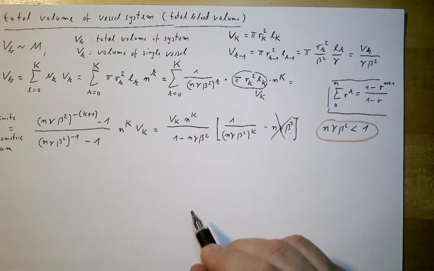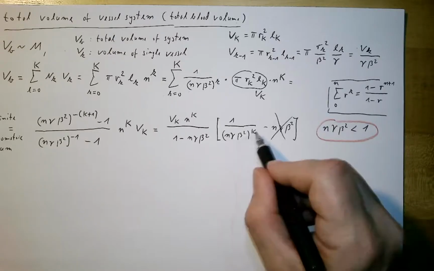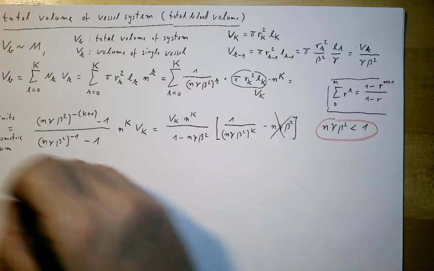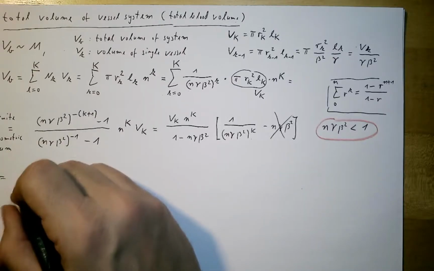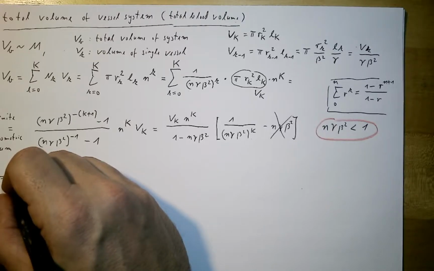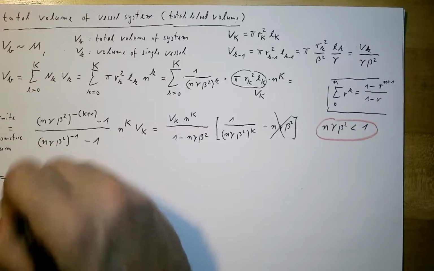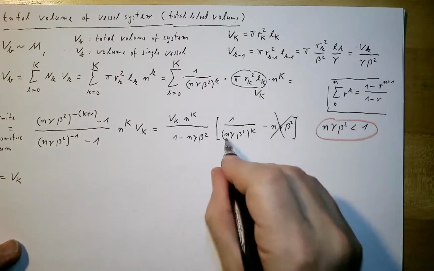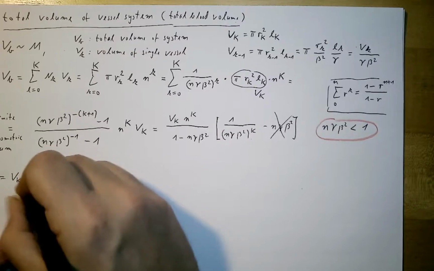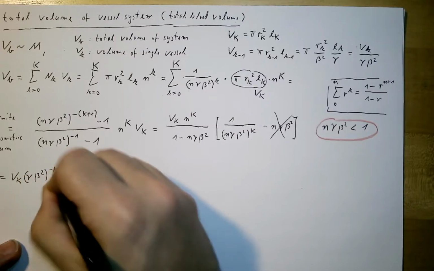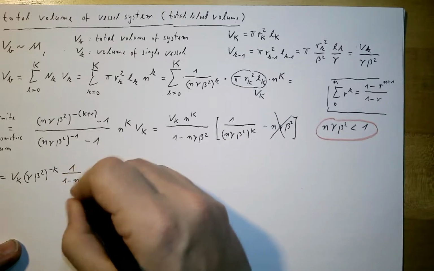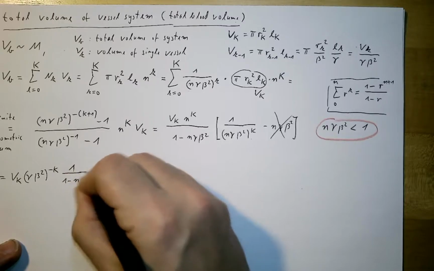And now we see the n to the power k cancel here, and the whole thing is equal to the volume of a capillary times (gamma beta squared) to the minus k, times the rest, 1 over 1 minus n gamma beta squared.